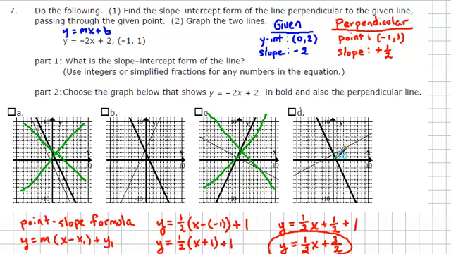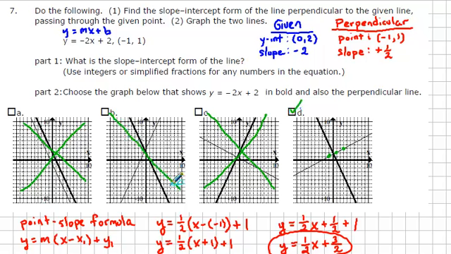So we start at 0, 0, move left 1 and up 1 and plot the point -1, 1. And then from there, the slope is 1/2. So we want to double check and make sure that if we go up 1 unit and over 2, we get to another point on the line. And then go up 1 and over 2, we get to another point on the line. And we see that in fact D is the correct answer.